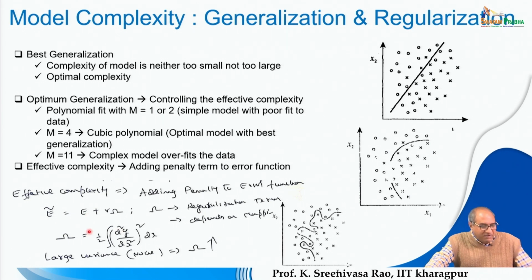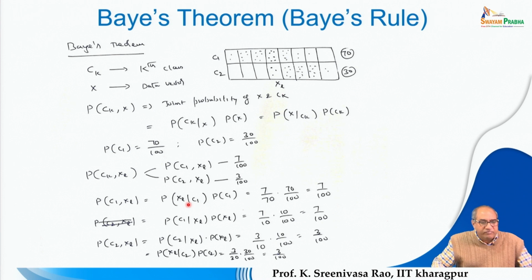So by using a regularization term you can control the complexity, and with that we can achieve generalization, where the polynomial order can be controlled, neither too high nor too low. That way you can get the right order of a system.